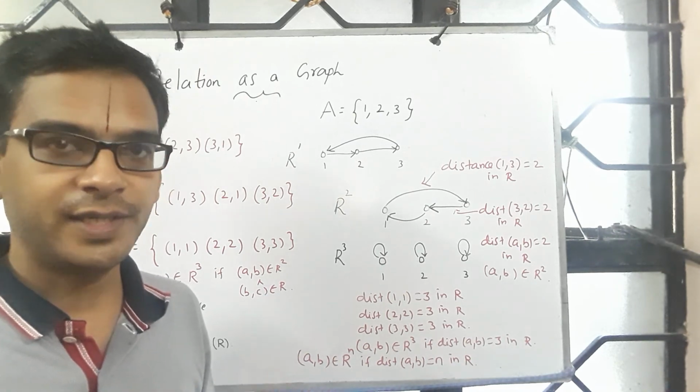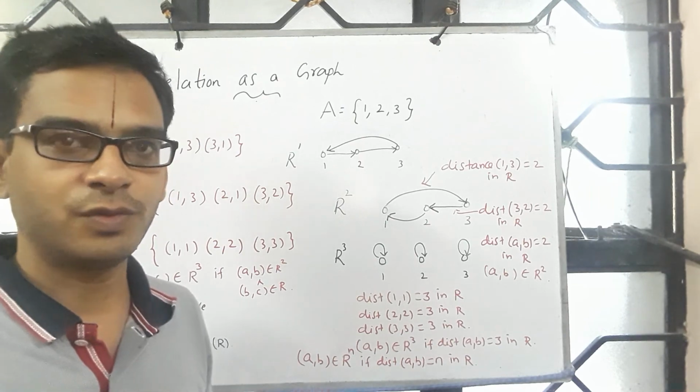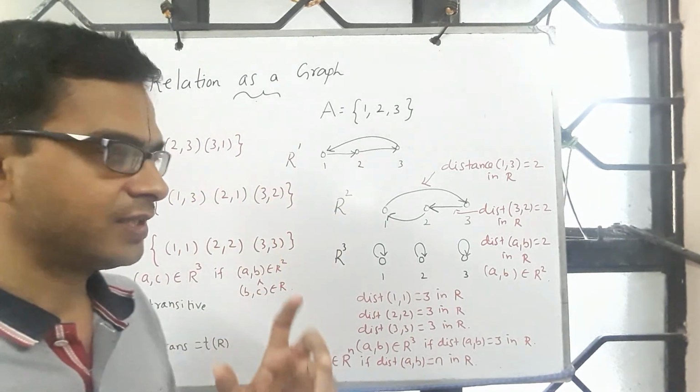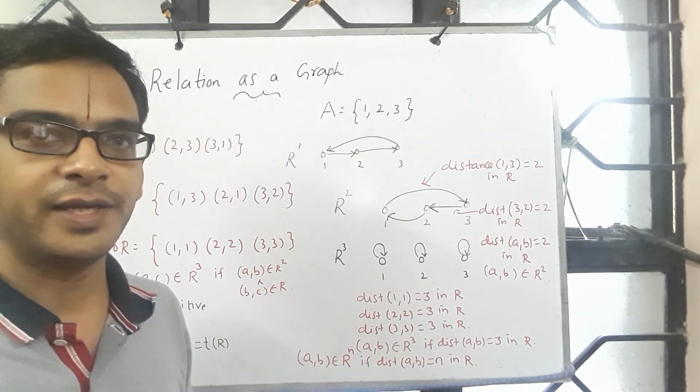There are very interesting ideas which you can appreciate just by looking at the graph. So we switch between the set theoretic and graph theoretic representations by looking at the underlying context.